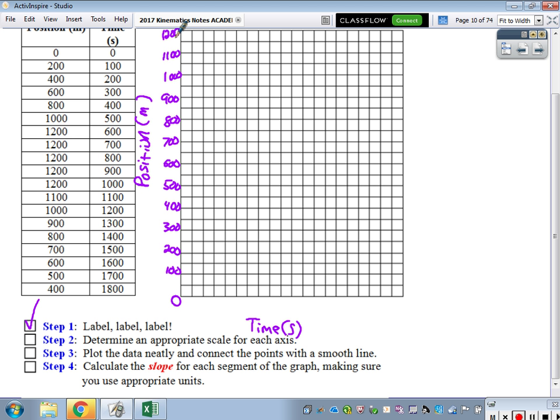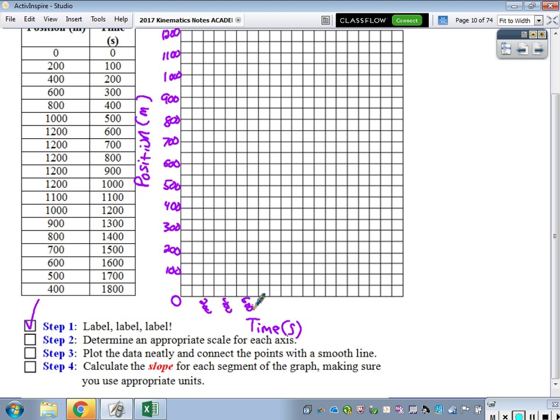Now, not including the first vertical line all the way to the left, how many lines do we have going across? There are 20. Now, it's not going to work out perfectly to put our last data point on our last line, but can we get very close? Yes. Absolutely. So that would mean that every line would be 100, but same way, we're not going to label every line because that would just be a big mess. So 0, skip 1, 200, skip 1, 400, and go all the way out.